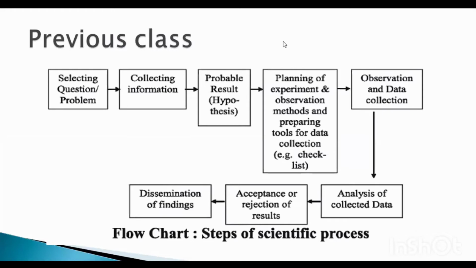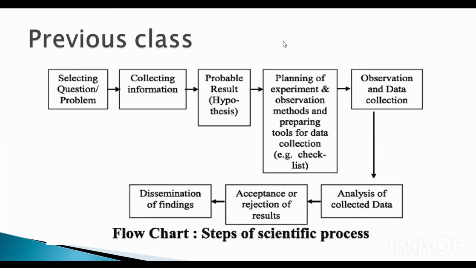So, students, first of all, I want to discuss the previous class. You have already learned the steps of the scientific process in your previous class, isn't it? I hope all of you understood how to do these scientific steps.